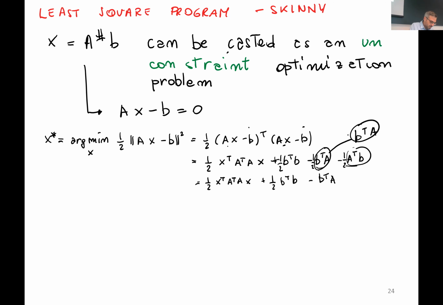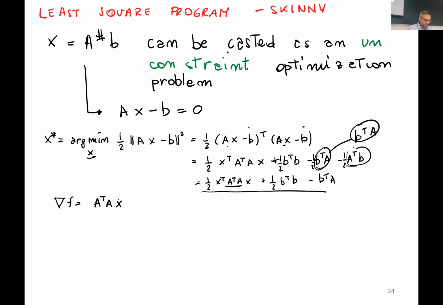Then we need to minimize, so we say that the gradient of the cost f should be 0. So we do the derivative of this with respect to the decision variable, and we find out that this is a quadratic term and the derivative is linear.